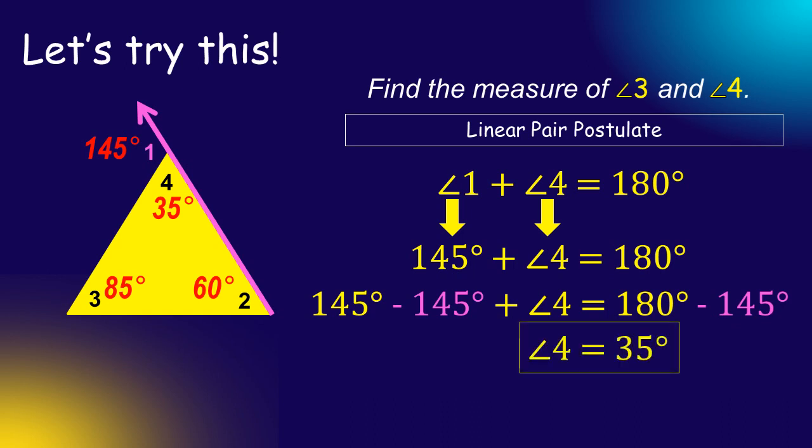At ang kalalabasan nito is angle 4 is equal to 35 degrees. So same lang ng magiging sagot kung ang gamitin mo man na concept is by using the linear pair postulate or yung previous concept which is the triangle sum theorem. The same answer lang ang makukuha natin.